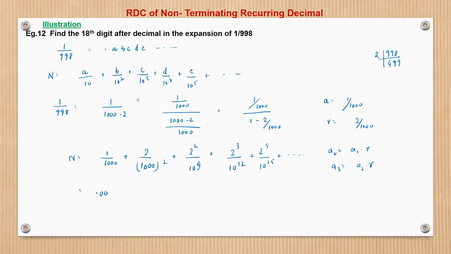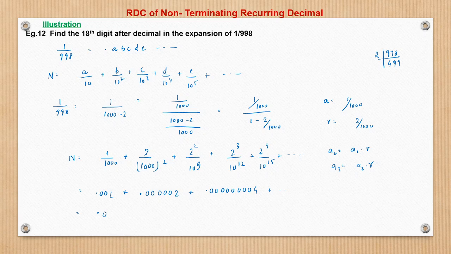So what is the first term? The first term is 0.001. The second term becomes 0.000002, and the third term would be 0.000000004, and so on. Now see these three-digit groups.